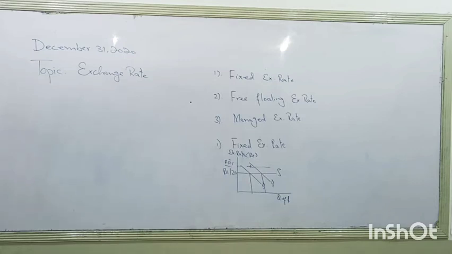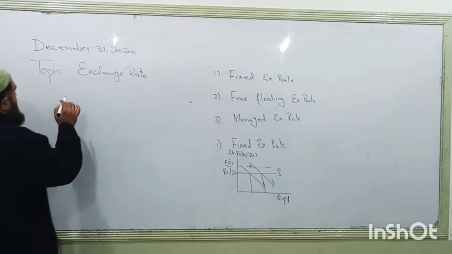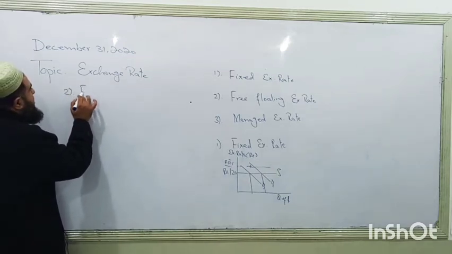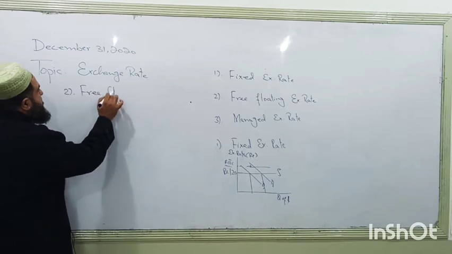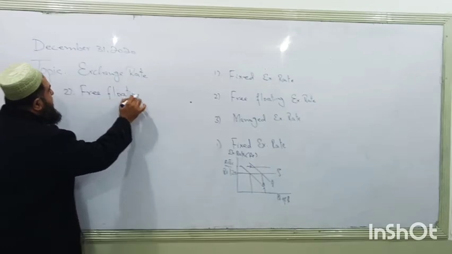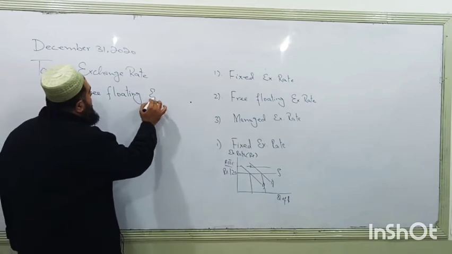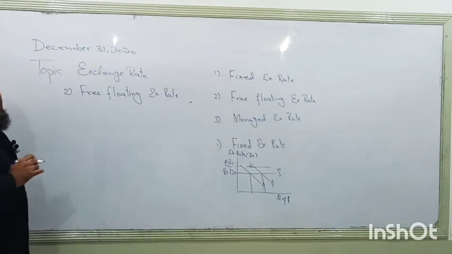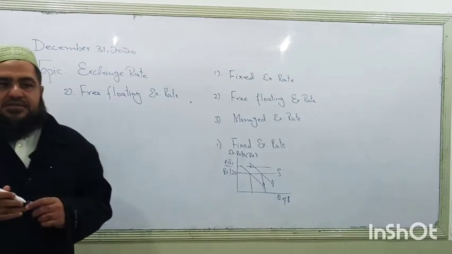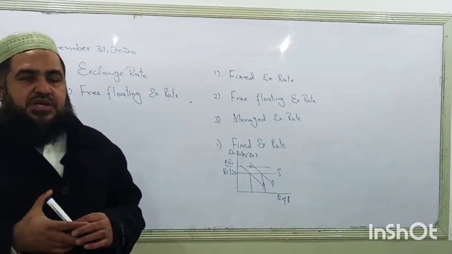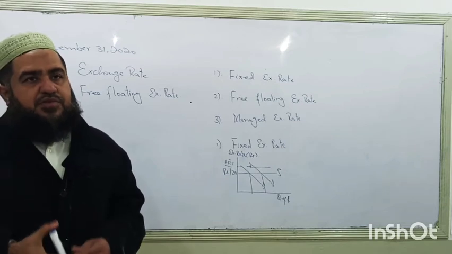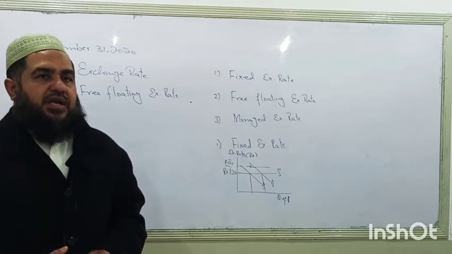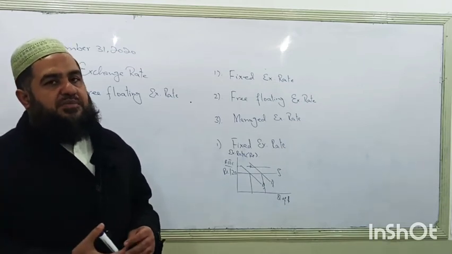So now I'm going to give you an illustration about the free floating exchange rate. Free floating means that the value of foreign currency will be determined by the market forces of demand and supply of that currency in the international market.